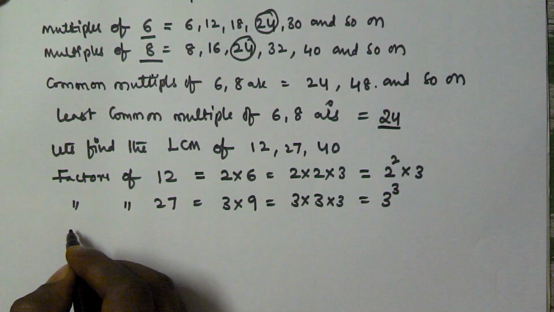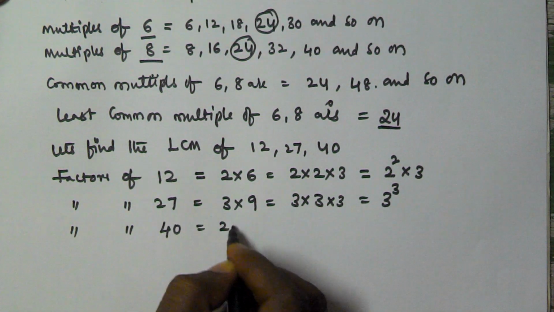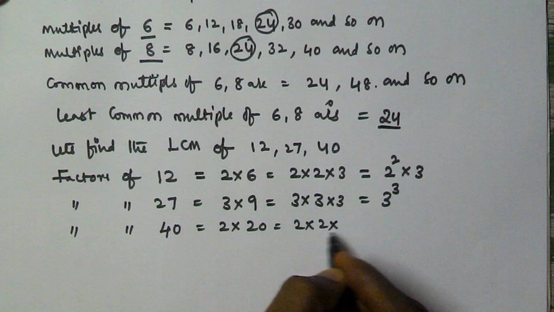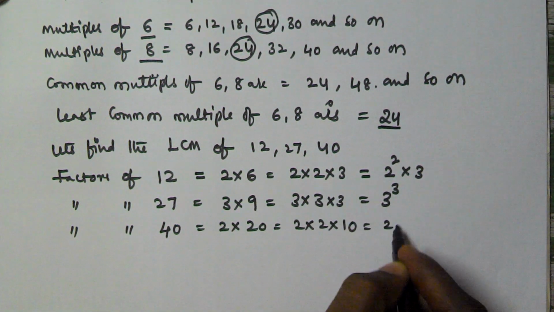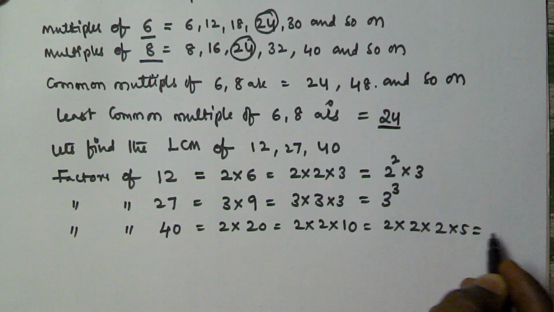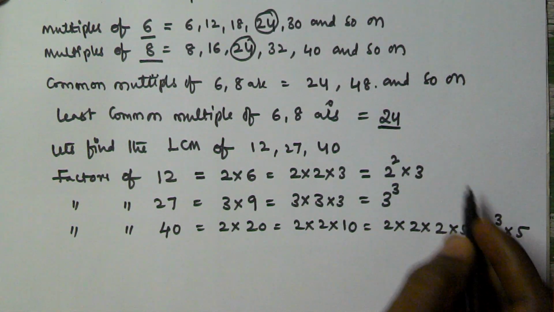Now the factors of 40. So 2 into 20, 2 into 2 into 10, so 2 into 2 into 2 into 5 equal to 2 cube into 5.